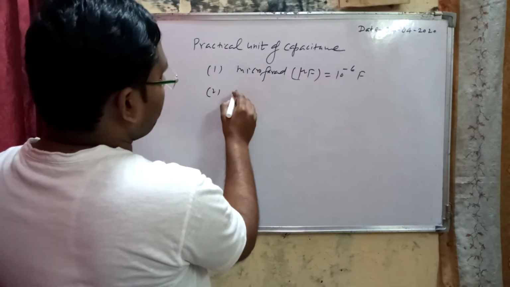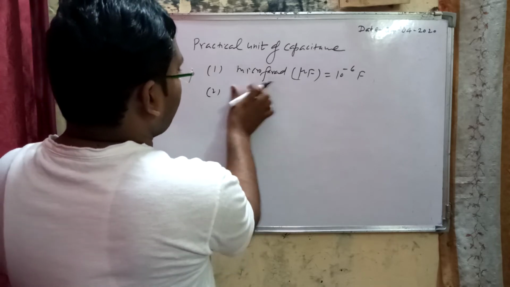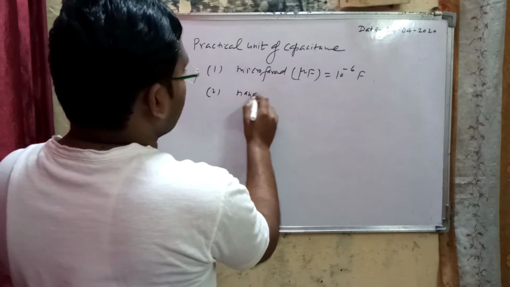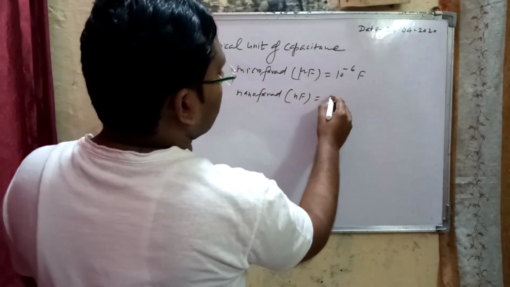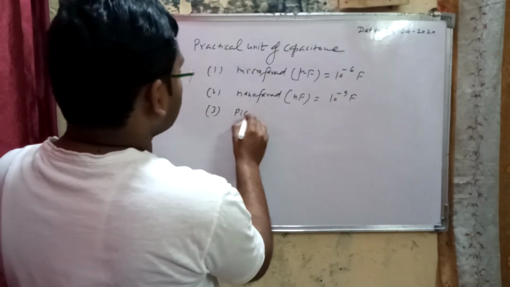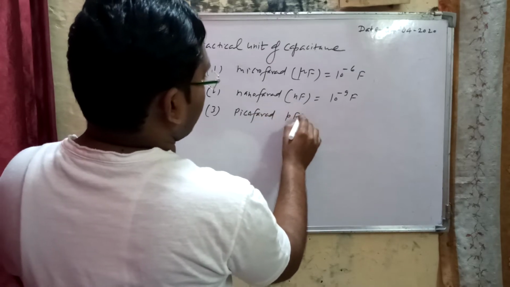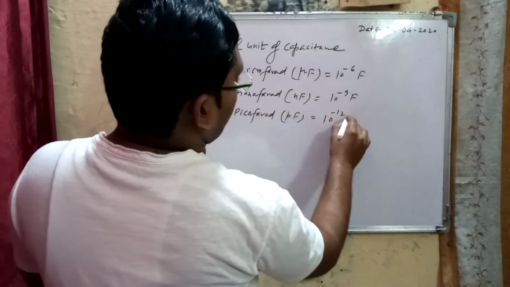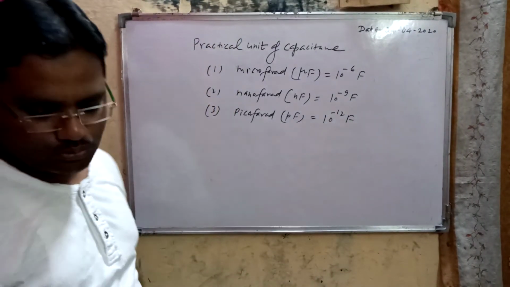And the second practical unit is the nanofarad, nf, 10 to the power minus 9 farad. The third one is the picofarad, pf, 10 to the power minus 12 farad. These are the practical units.